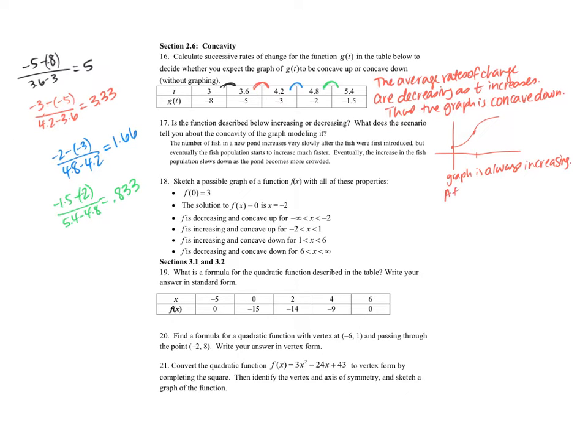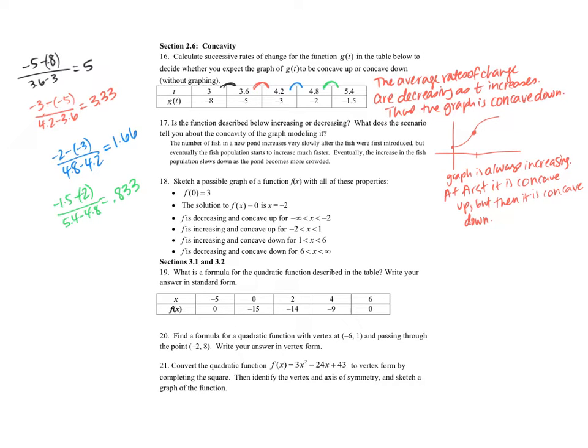At first, it is concave up when the population is increasing faster and faster, but then eventually there's a point where the population slows down on its growth, and so it becomes concave down. So at this point here is an inflection point where the concavity changes.